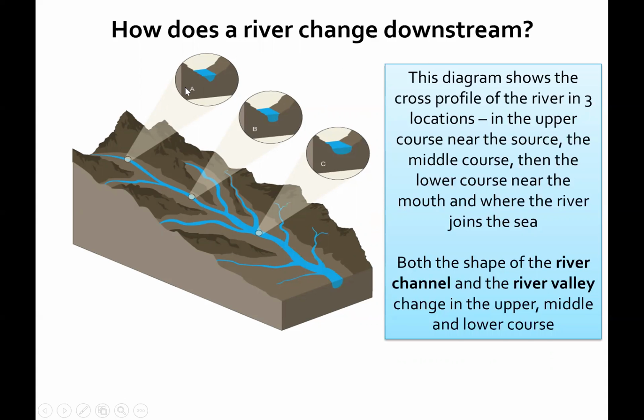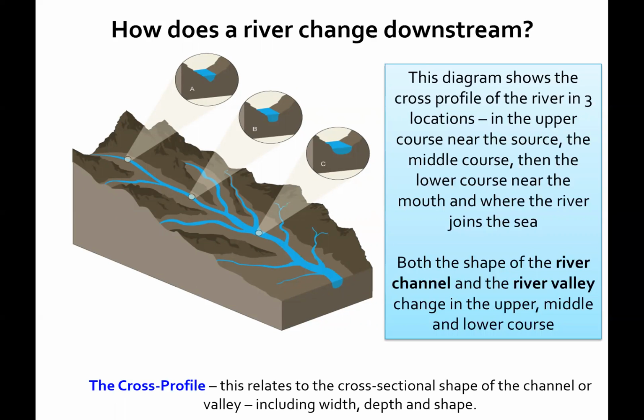So this diagram here, A, this is in the upper course near the source of the river. B, in the middle course. C, down in your lower course. And it's quite clear from these that both your valley and your channel change shape as you go from the top down to the bottom.